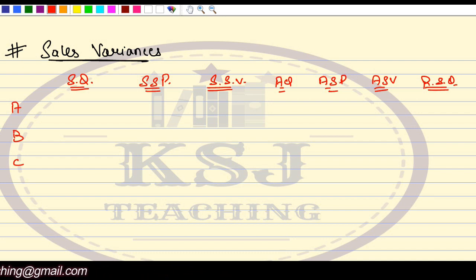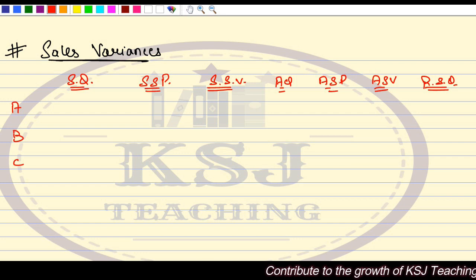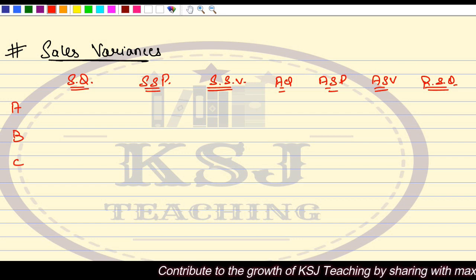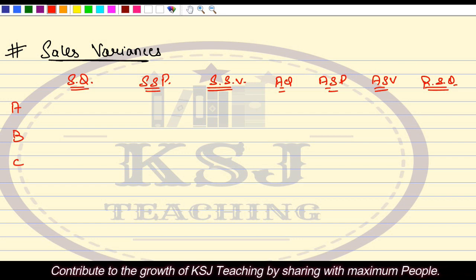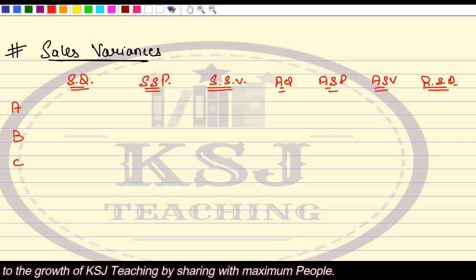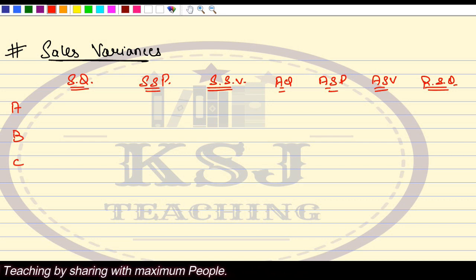So in which proportion, depending upon the demand, you have sold your product at what actual price. Revised standard quantity is that say you have actually sold in the wrong proportion. Depending upon the demand in the market, you are selling the product.